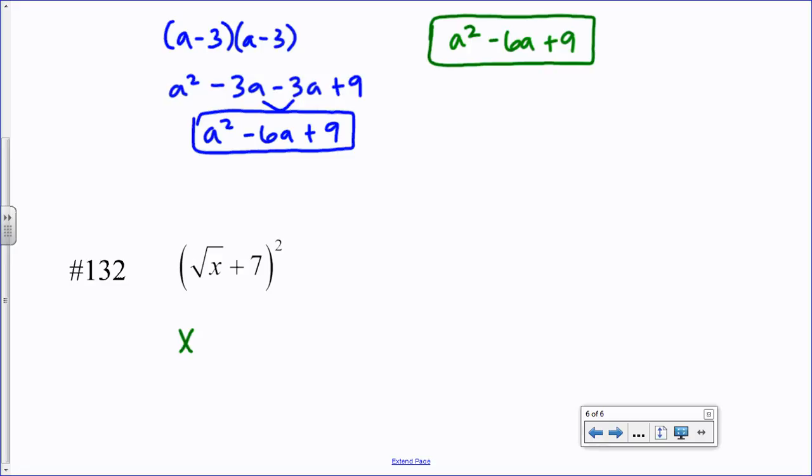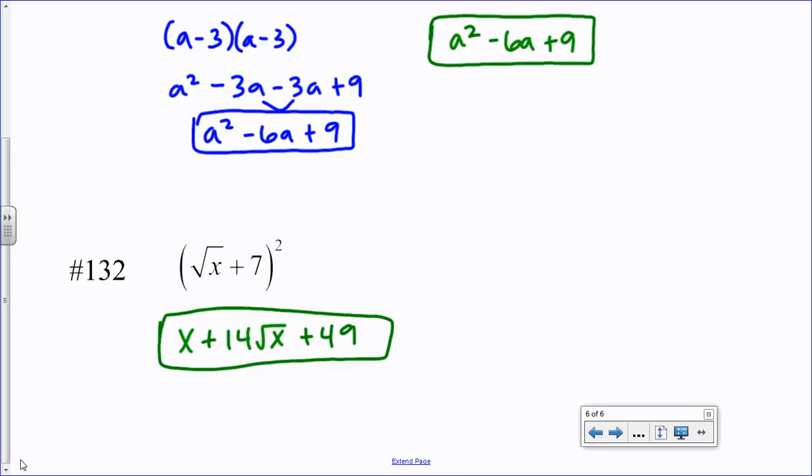Multiply the 2 together. Square root of x times 7 is just 7 square root of x. Times 2, 14 square root of x. And then square the last number, 49. These are not like terms because this x is under the radical. If you don't remember the shortcut, what do you do? FOIL. Write it twice and use FOIL.